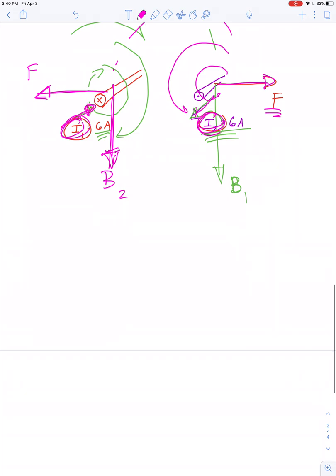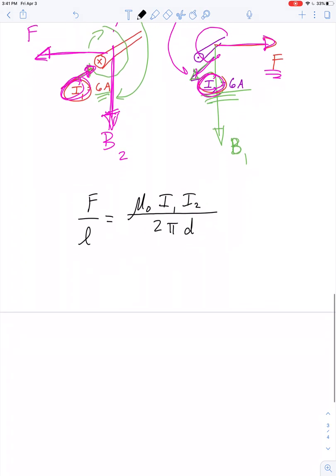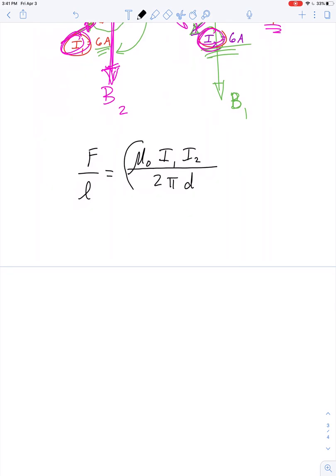Now we just have to figure out mathematically what's the value of the force per unit length. So the force per unit length is equal to mu naught times I1 times I2 divided by 2 pi times the distance between the two wires. All right. And mu naught divided by 2 pi is just equal to 2 times 10 to the negative 7th.